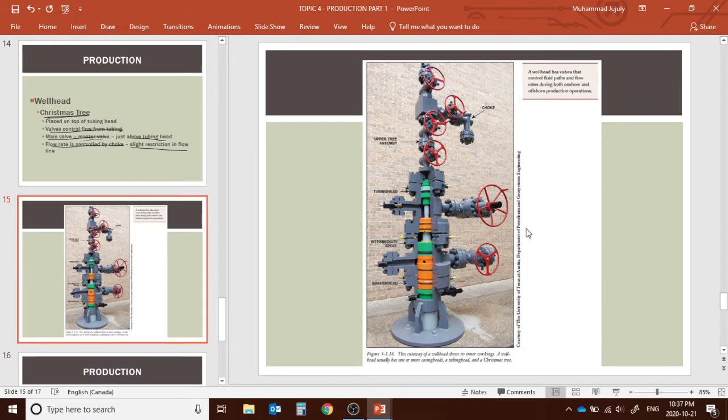Now this is how a Christmas tree actually looks like, so that's why its name is Christmas tree. Like the pine, lots of ornaments and decorations, just like we put on the Christmas tree. So this is the Christmas tree, and this is the most important safety device we have.